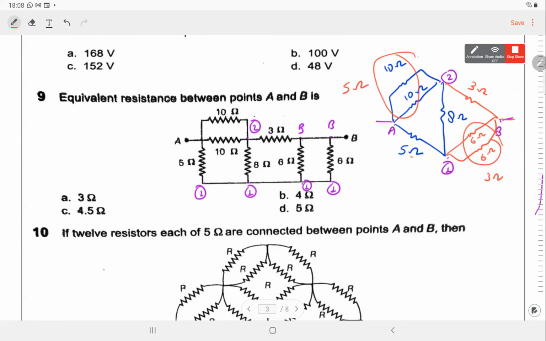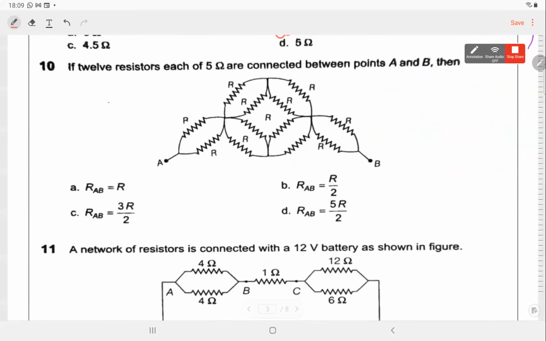So 5 by 5, 3 by 3, this 8 ohm will be in the diagonal of the Wheatstone bridge, balanced. Wheatstone bridge, that will be removed from the circuit. Right? Okay. So the answer will be 5 plus 3, 8, 5 plus 3, 8. 8 and 8 in parallel will become 4.